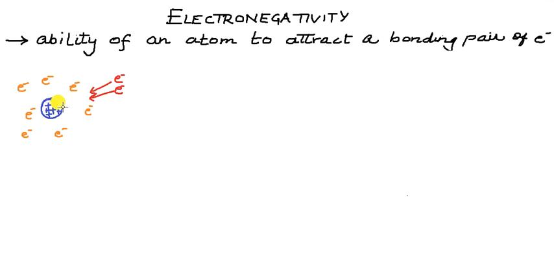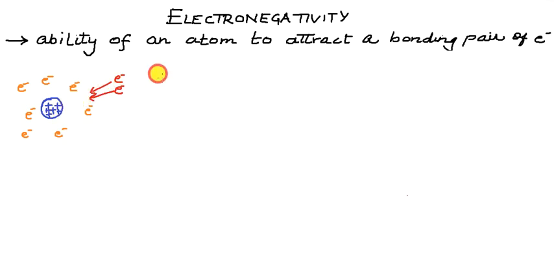Now, this pull will be determined by how strong the nucleus is, how far away these electrons are from the nucleus, and how much shielding is occurring because of the inner electrons. So pretty much the same factors that impact ionization energy will impact our electronegativity.